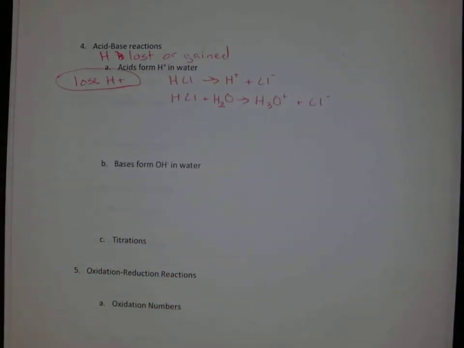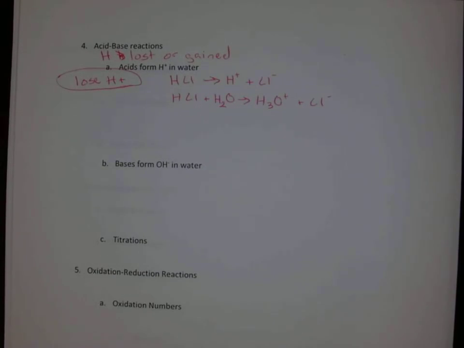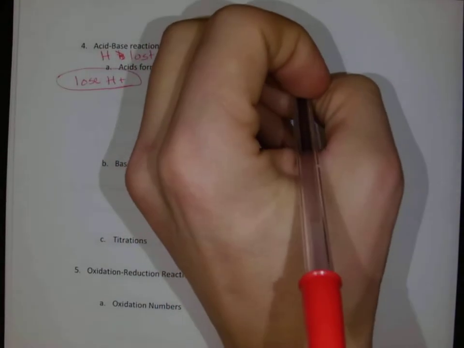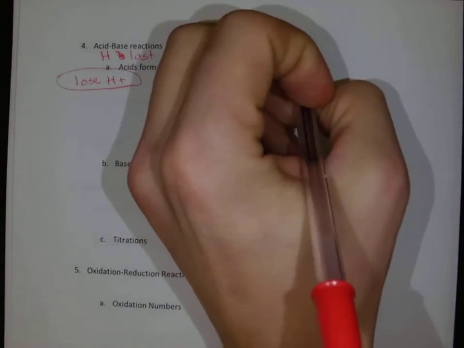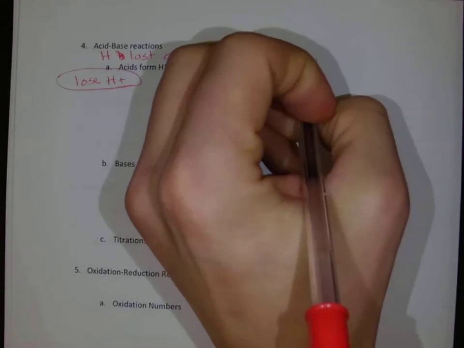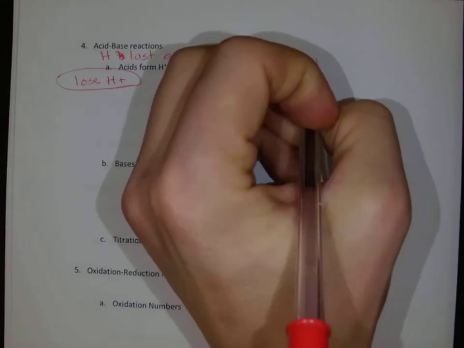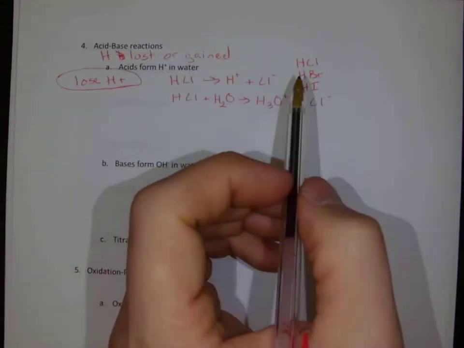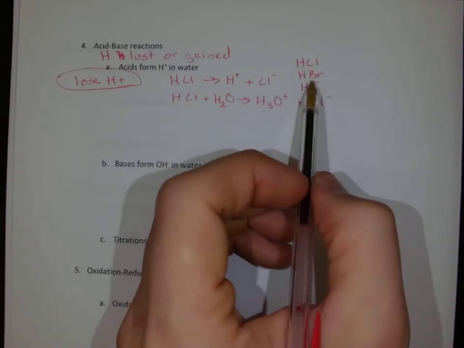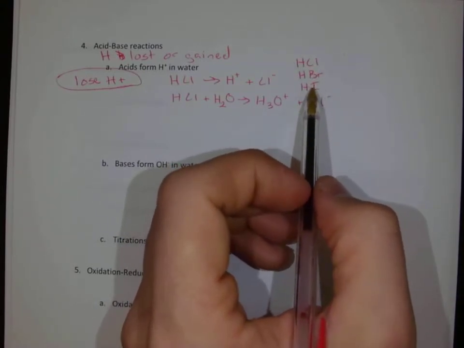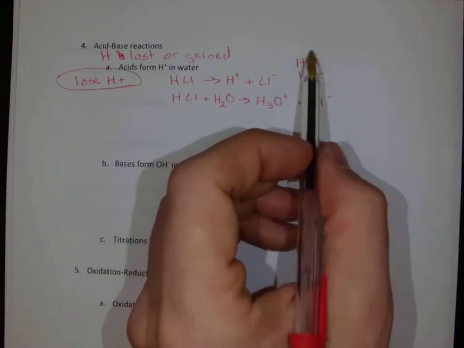So we have a few different strong acids, okay? So our strong acids are HCl, HBr, HI, and then we have a few other ones. So first off, what we'll notice, Cl, Br, and I, these are all our halogens, except for fluorine.